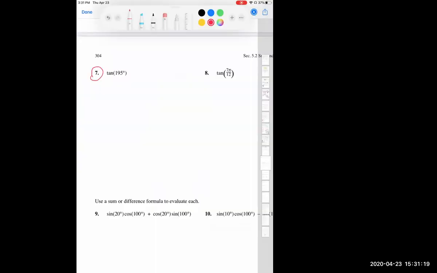I had lost the screen share for a second. So let's work with number 7.